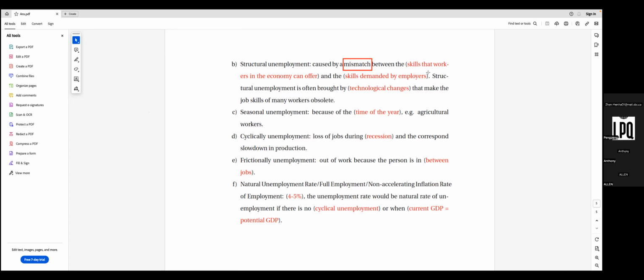What do I mean by mismatch? The skills you have don't match the skills required by the employers. And this mismatch, in recent years, is largely due to technological change.